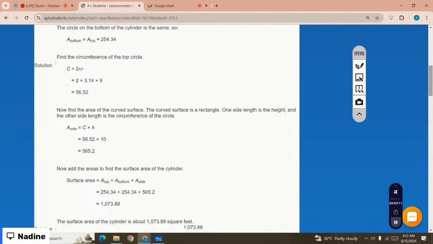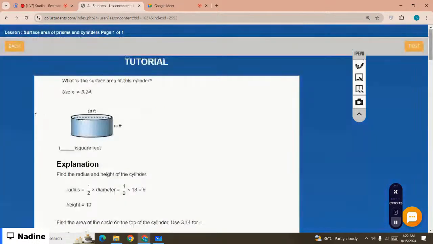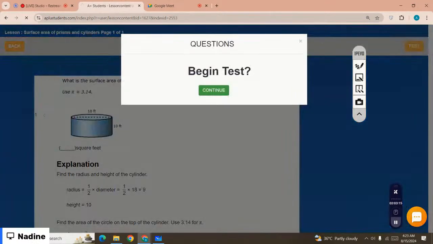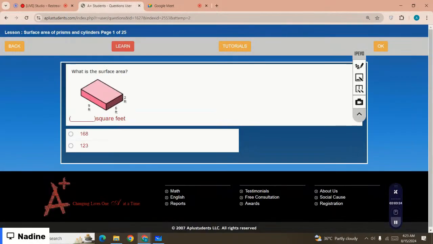Let's just start with the test questions. You have to multiply, that is the surface area.